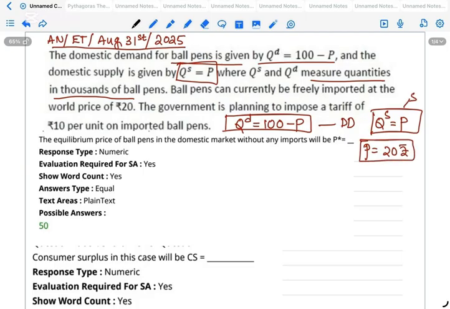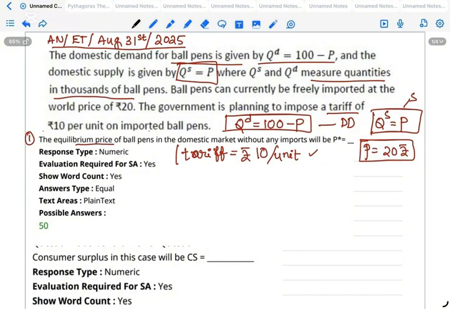The government is planning to impose a tariff of 10 rupees per unit.